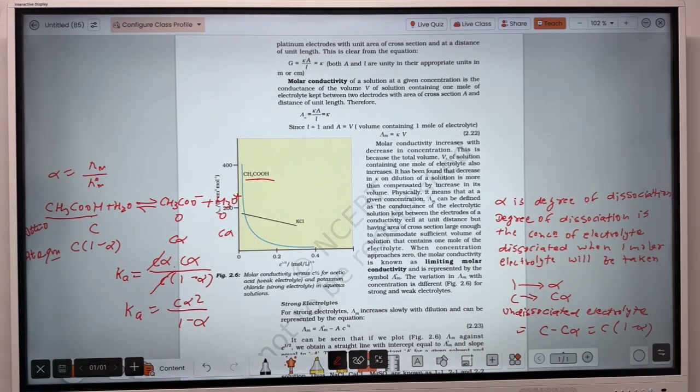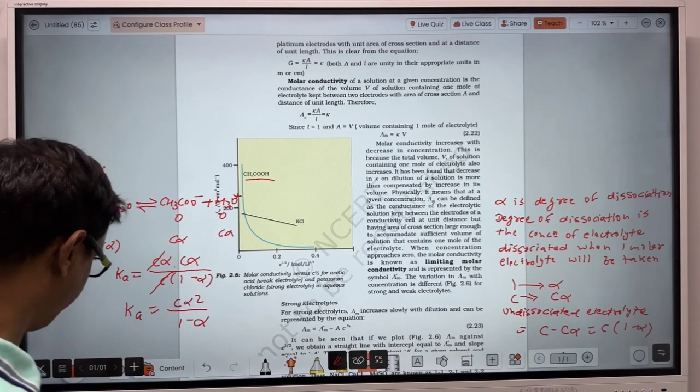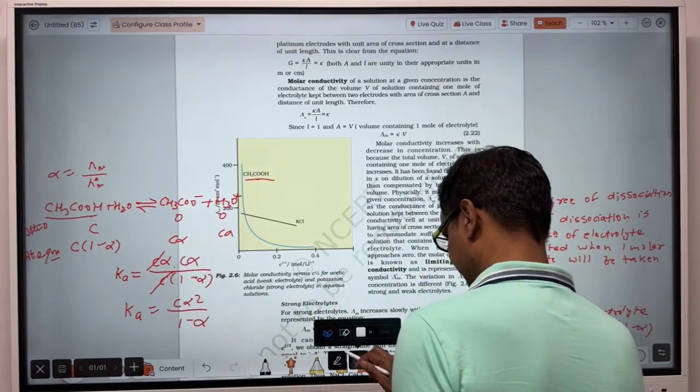And here also I have told you alpha is equal to lambda m upon lambda degree m. So put the value of alpha as lambda m upon lambda degree m. So what will be here?